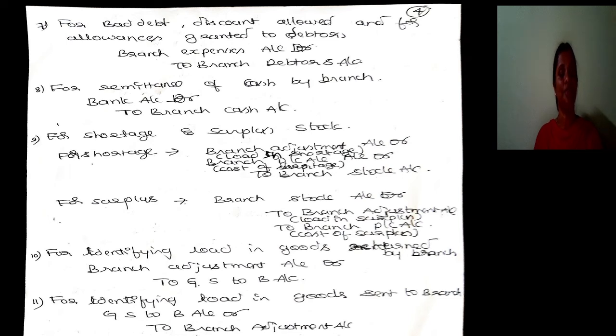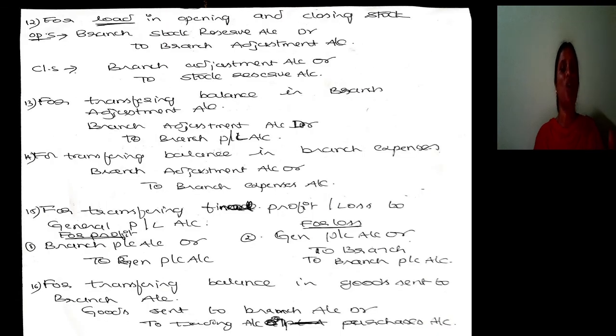should be credited. As far as the loading is concerned, we will post the loading entry to the branch adjustment account, whether it is loading in opening stock, closing stock, goods sent, or goods returned. But while recording loading in opening and closing stock, we will debit loading in opening stock to stock reserve and credit loading in closing stock to stock reserve, with the credit or debit given to adjustment.